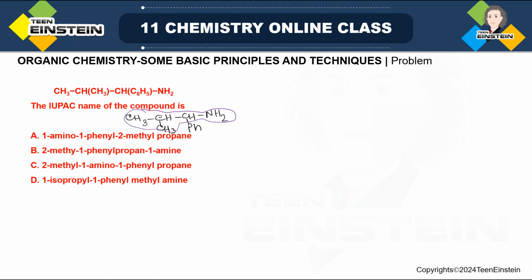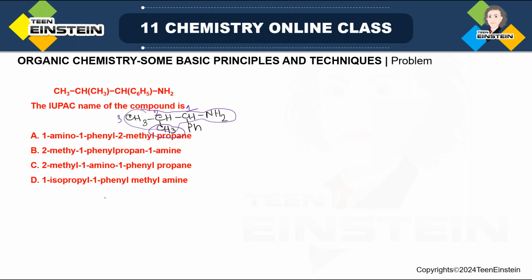Now if Ph is treated as a substituent, numbering will be started from this carbon, then number 2 carbon, this is number 3, and this is the substituent. So we have a substituent at 1 position where the Ph group is present, and we have a methyl substituent at 2 position. Fine.